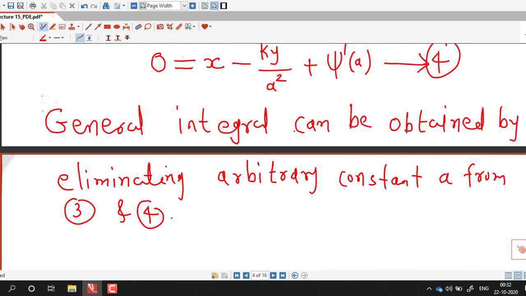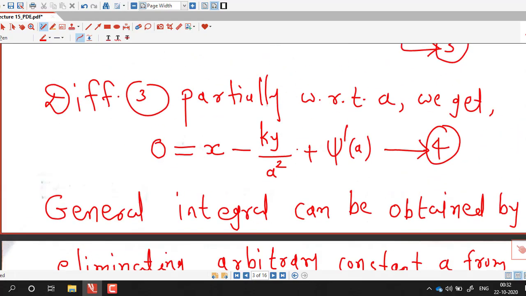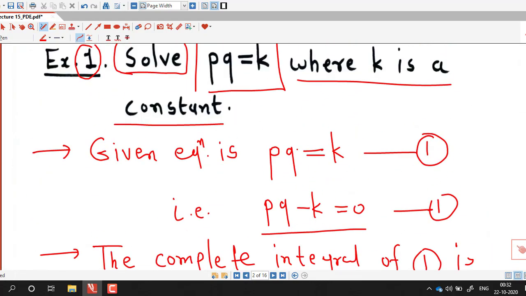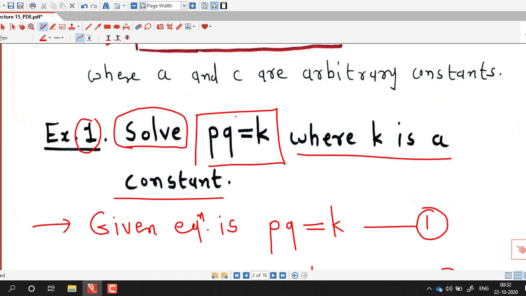So this is the way how we solve a nonlinear partial differential equation of first order. We have to check whether the singular and general integrals exist or not.